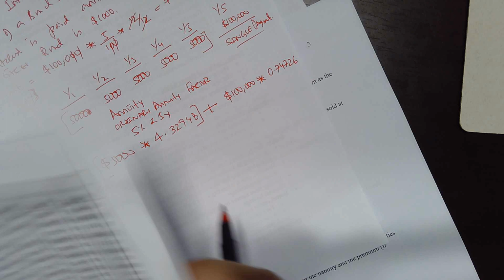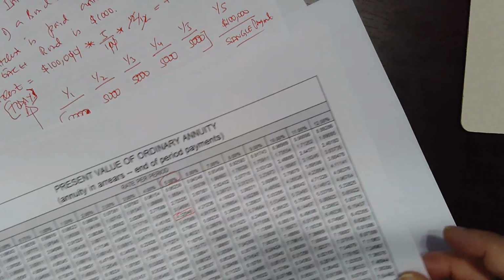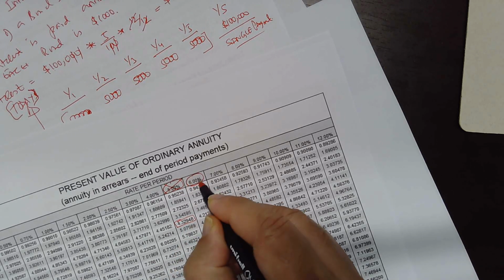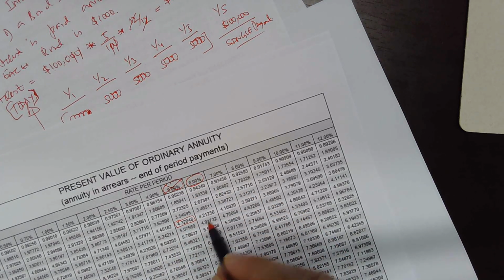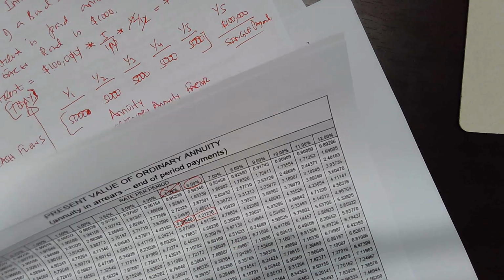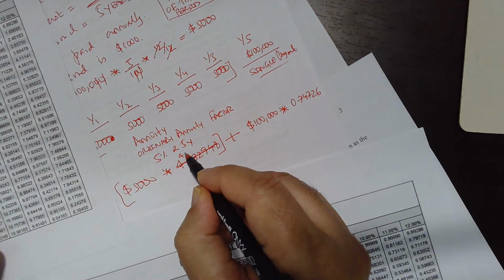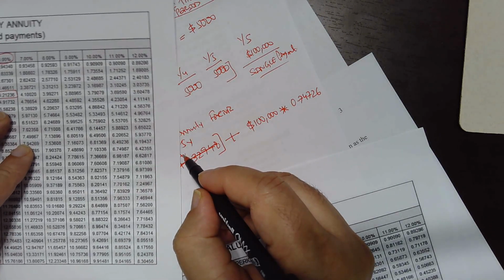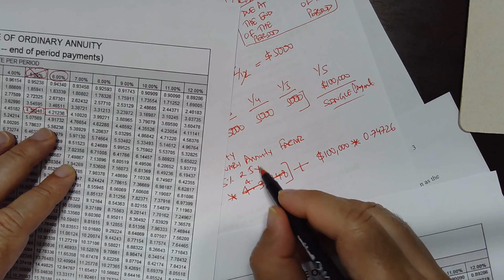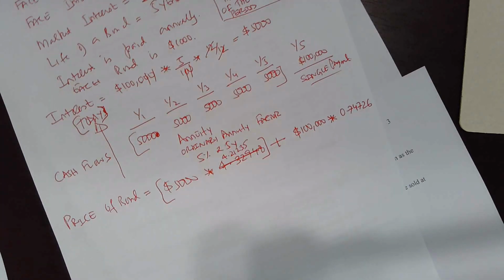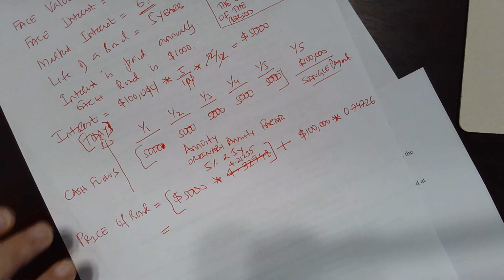I think I made a little mistake here. Instead of using 5%, it's going to be 6% and 5 years. So instead of this number, we're going to use this number, 4.21235.